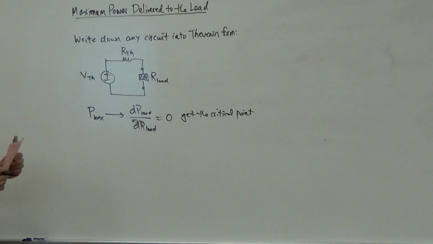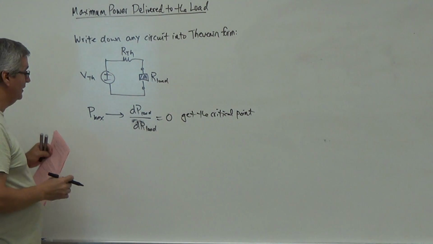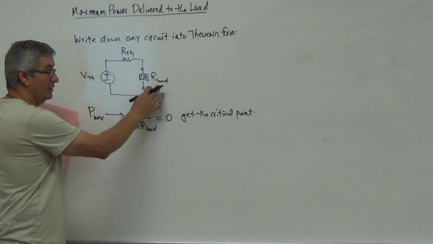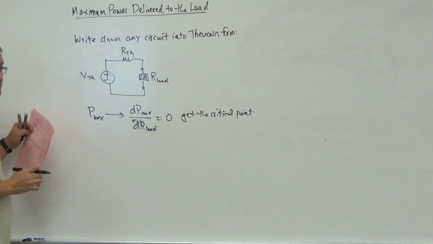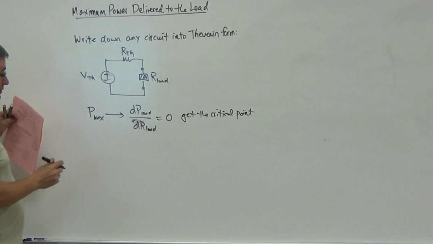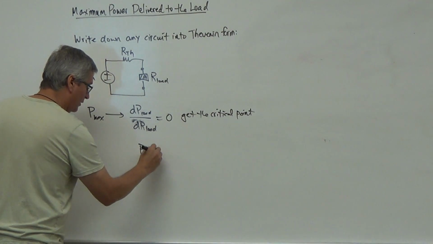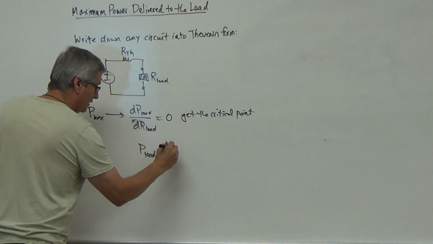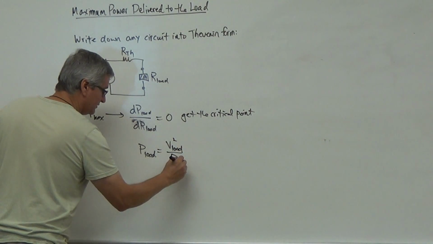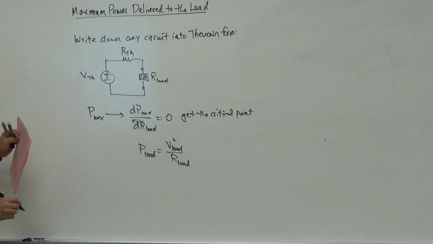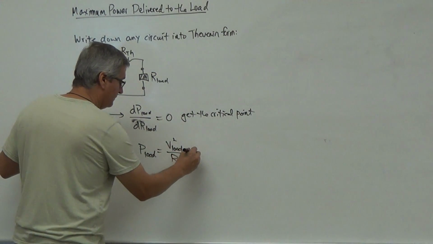And so the way we did this in lab, I'll just highlight it very quickly, is that note that if this is a resistor load, I could use the voltage divider rule to calculate the voltage across this one. And what we said here is that the power of the load would then be the load voltage squared divided by the resistance load.